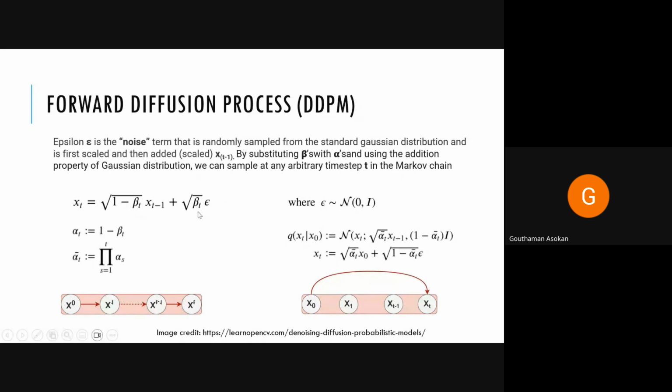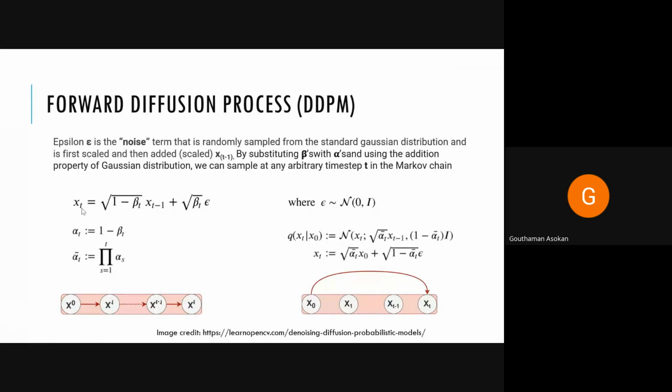We scale the actual image by this diffusion parameter and the noise by this diffusion parameter to get the noised sample. This noise is taken from a normal distribution, 0 to I. Once we have this epsilon, the noise, we iteratively sample it and noise the image iteratively.